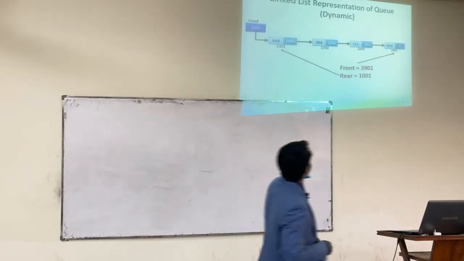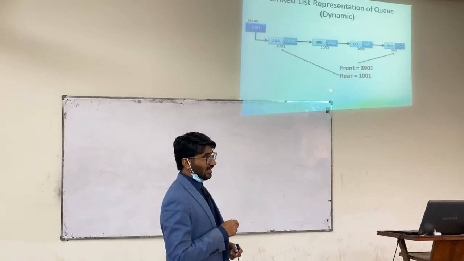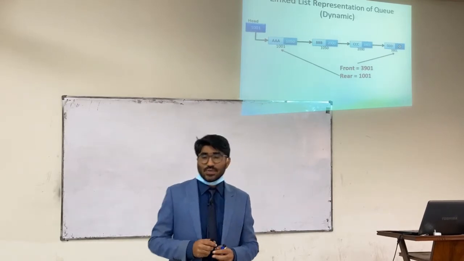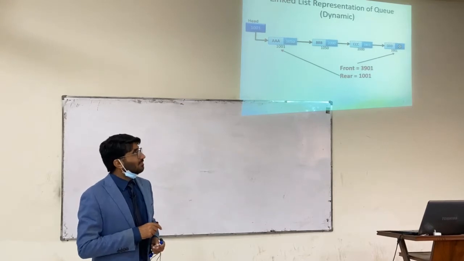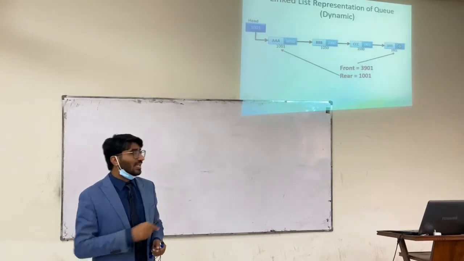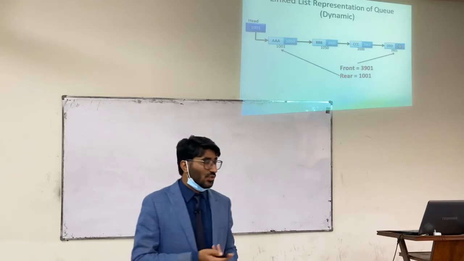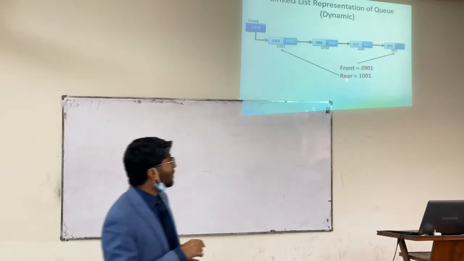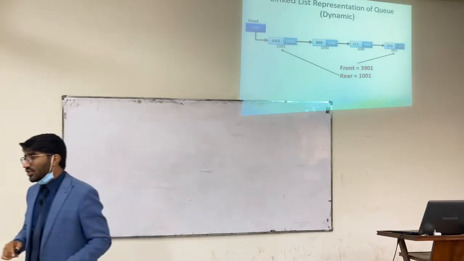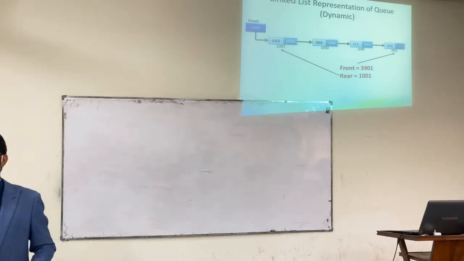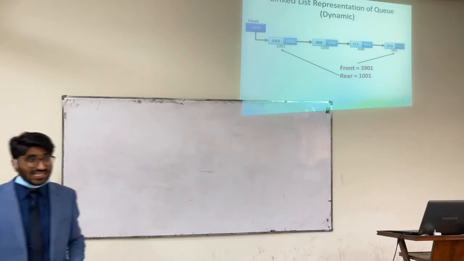So let's start with the implementation of Q using the linked list concept. If you look at it blindly, it is a very simple linked list. There's no concept of the queue, right? But when you use the concept of front and rear, then it will be considered a queue, because we don't have the concept of front and rear in a linked list.